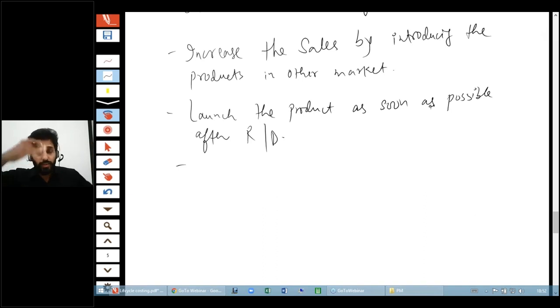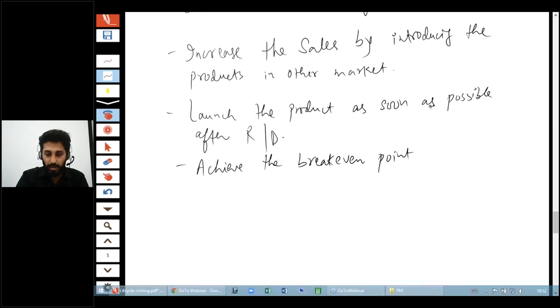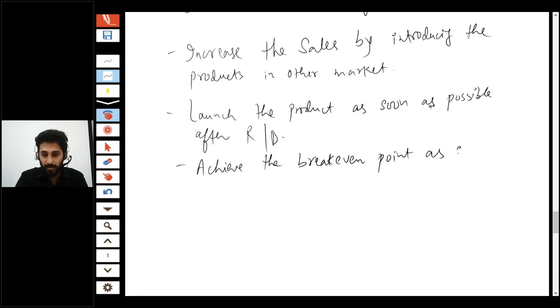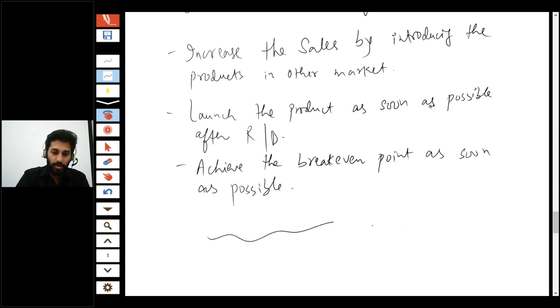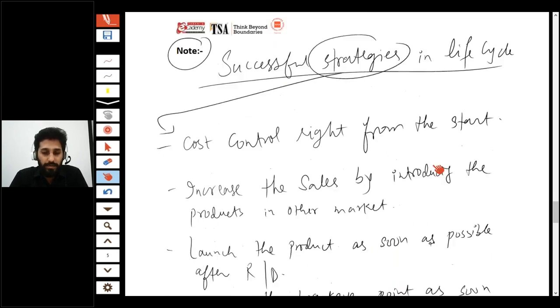So achieve the break-even point as soon as possible. So these are some favorable pieces of advice in the product life cycle, right?